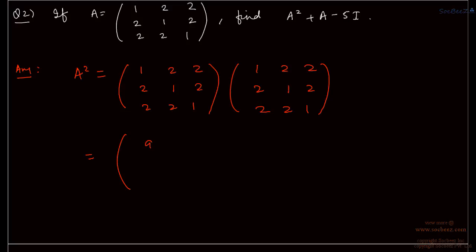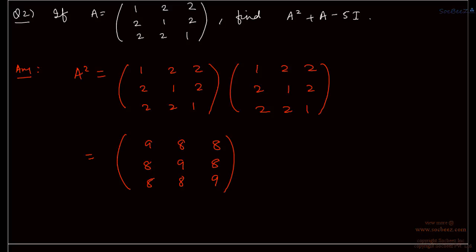Then I have 2 + 2 + 4, 8. Similarly, 2 + 2 + 4, 8. Actually, using symmetry, you can see that even the next term will be 8. This is 9, this is 8. These two are also 9, 8, and this is finally 9. Right? Better not to take such chances, and you should try to solve all this completely and correctly in exams. Some silly mistakes may creep in, so just try to check them.